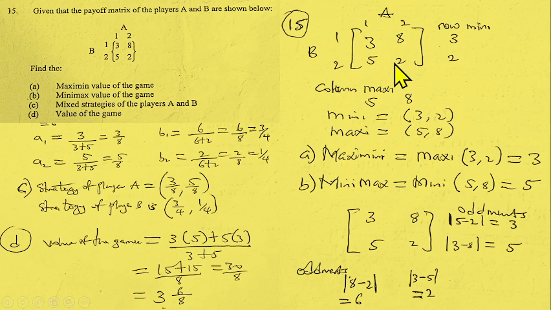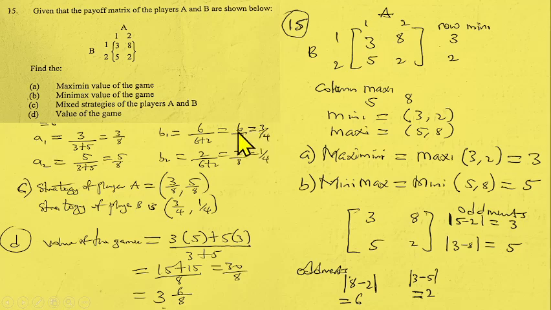This should be 8 over 8 plus 2. Now you're going to have this 8 over 8 plus 2. And that should give us 8 over 10. And that should give us 4 over 5.